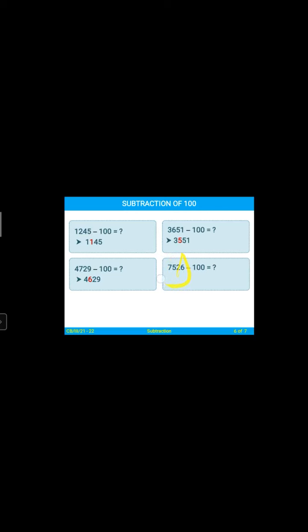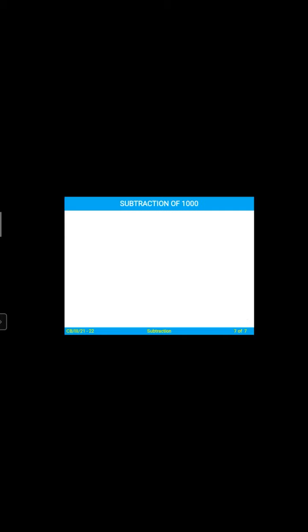So 5 को हम 1 से डिक्रीज करेंगे. So the answer is 7426. So remember, when 100 is subtracted from a number, the digit in the 100 place of the number decreases by 1. And the same process you have to follow for 1000.